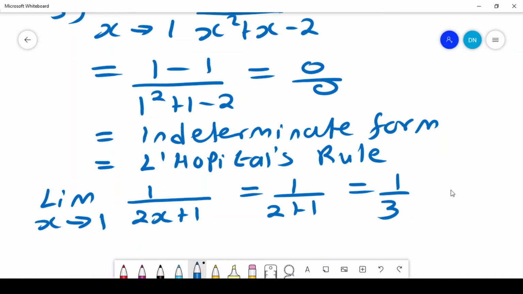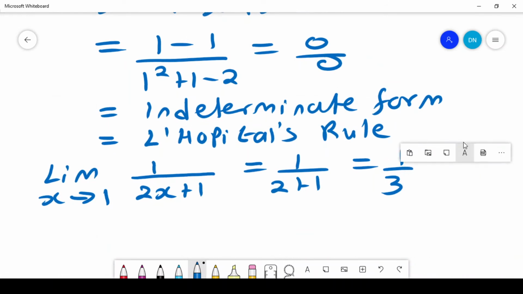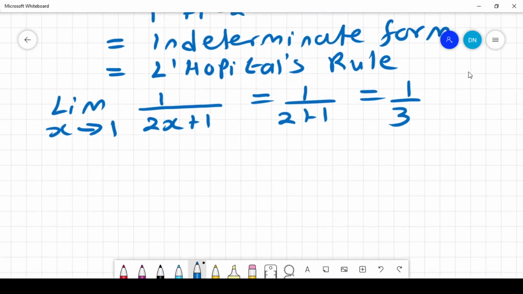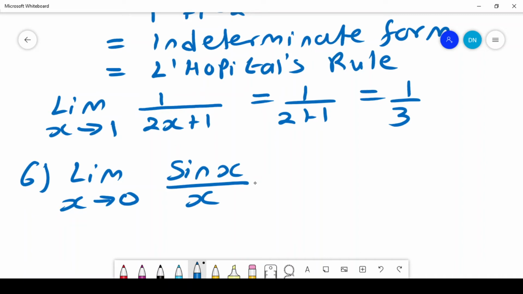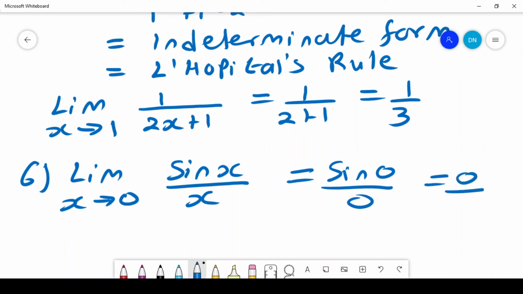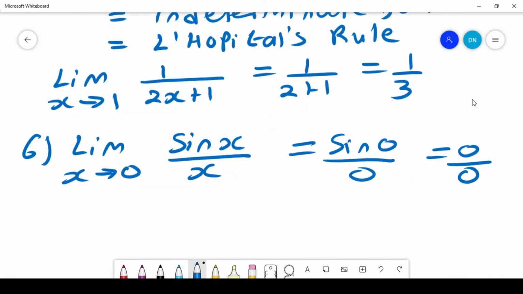And that will apply in other cases. For example, a problem like the following: the limit as x tends to 0 of sine x over x. If I substitute this directly, it will be sine 0 over 0, which is 0 over 0, which is again indeterminate. And since it is indeterminate, what do we do?